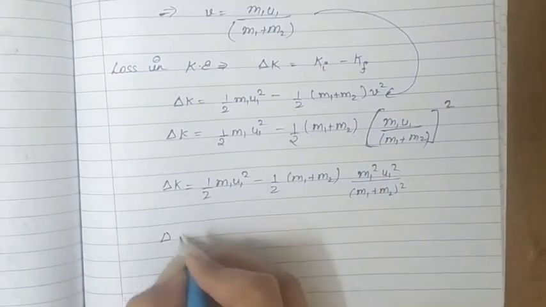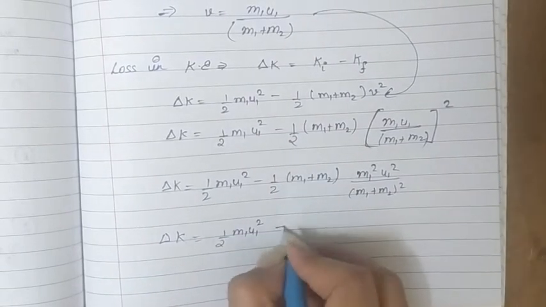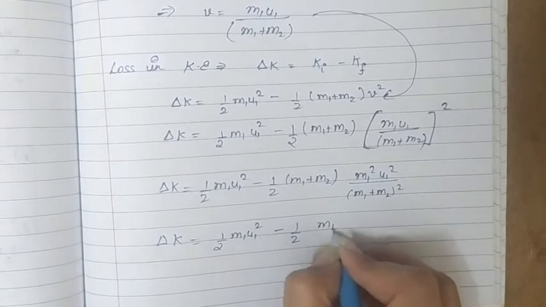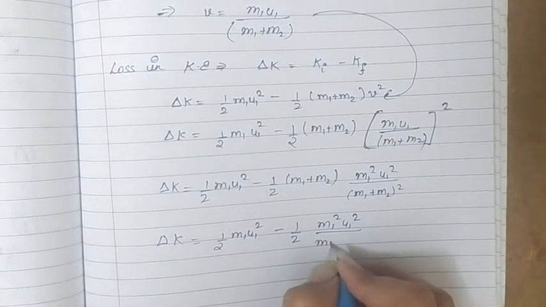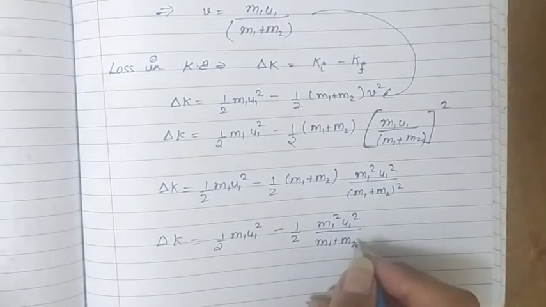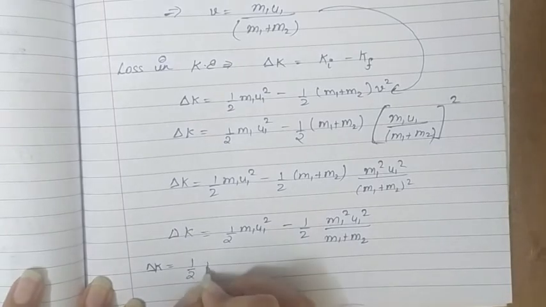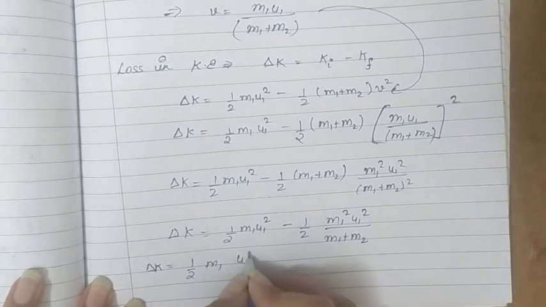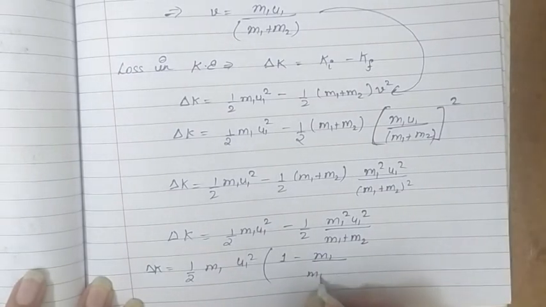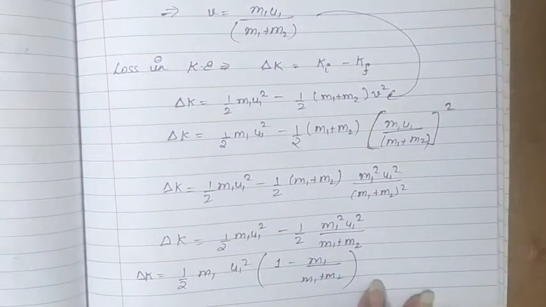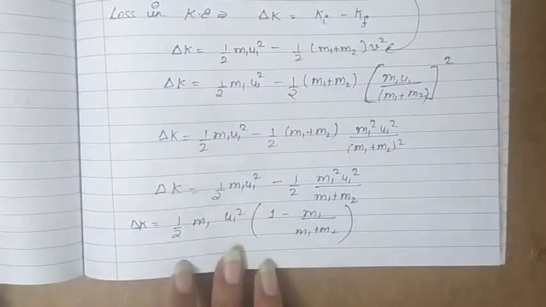So delta k is equal to half m1 u1 square minus half m1 square u1 square upon (m1 plus m2), and by taking common half m1 u1 square we get 1 minus m1 upon (m1 plus m2). So this is the value of the change or the decrease in kinetic energy or the loss in kinetic energy.